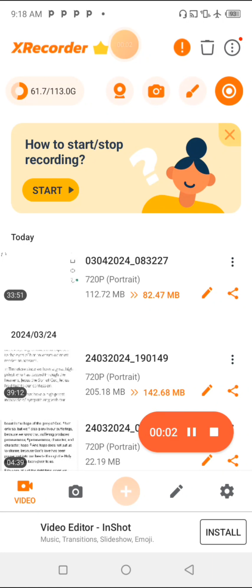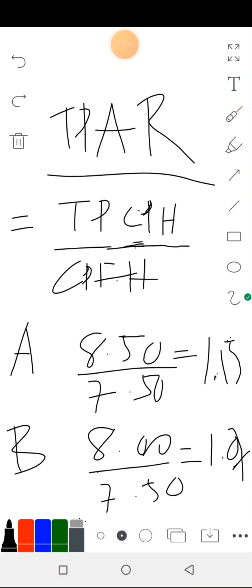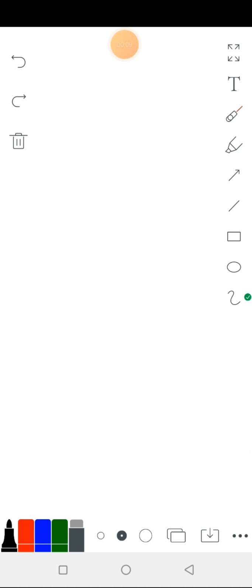I'm sorry, the video just cut accidentally. I was actually saying that the examiner might test you to explain the meaning of the throughput accounting ratio. By definition, the throughput accounting ratio is the ratio of the throughput per unit of a limiting factor or a bottleneck resource to the factory cost per unit of bottleneck resource.